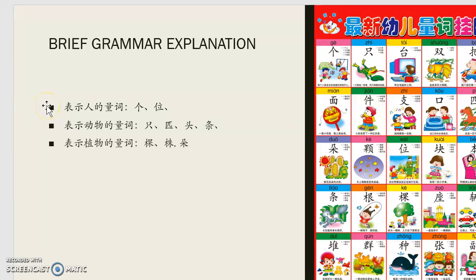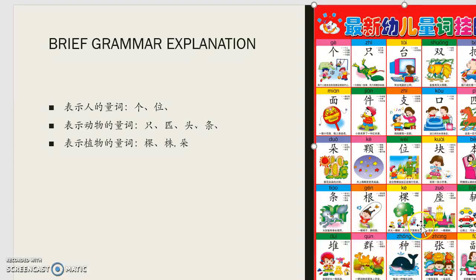And then I will introduce this chart as a brief grammatical explanation. This chart basically introduces every basic rule for measure words. Like if it is an animal, we use the measure word 只, and if it is electronics, we use the measure word 台.